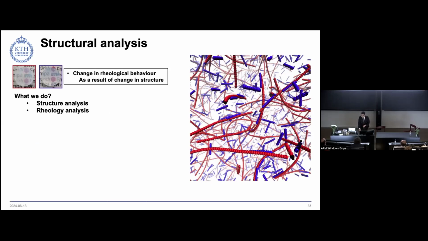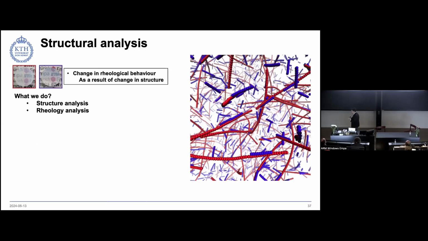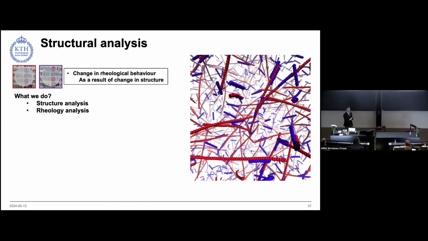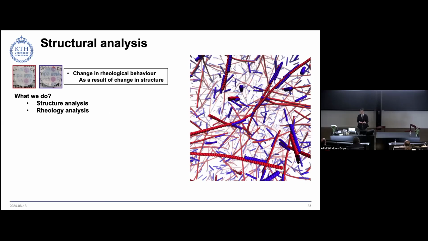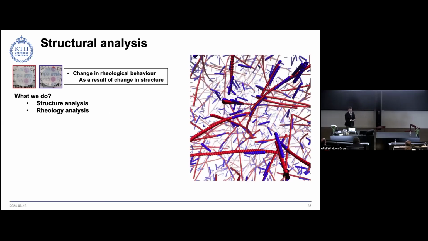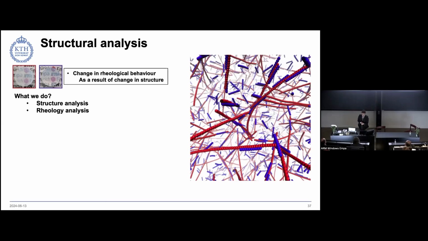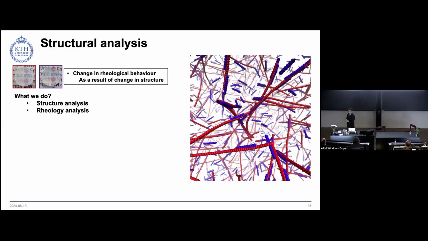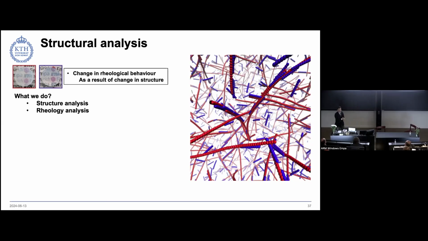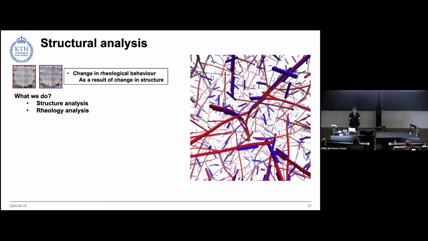So what we did here was define a system with cellulose nanocrystals and amyloids to interact with each other and see how they create new structures. The image that we see here is exactly the sample from EMPA, where there were two liquids, and now we have a material with different rheological behavior.